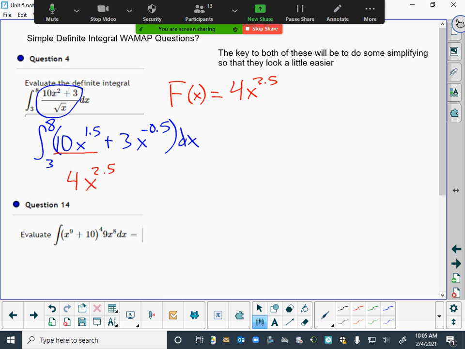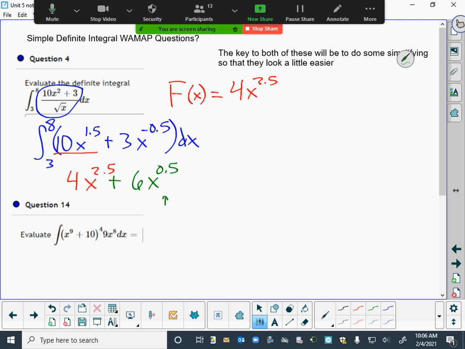The second part here, if the x is now to the negative 0.5, then it must have been to the positive 0.5 before, so that when I subtracted the 1 from it, I got the negative 0.5. But if I just took the derivative of this green one as it is, it would give me a 0.5x to the negative 0.5. And so I need a number out in front of there that when the 0.5 comes down and multiplies, it gives me a 3, and that number should be a 6.